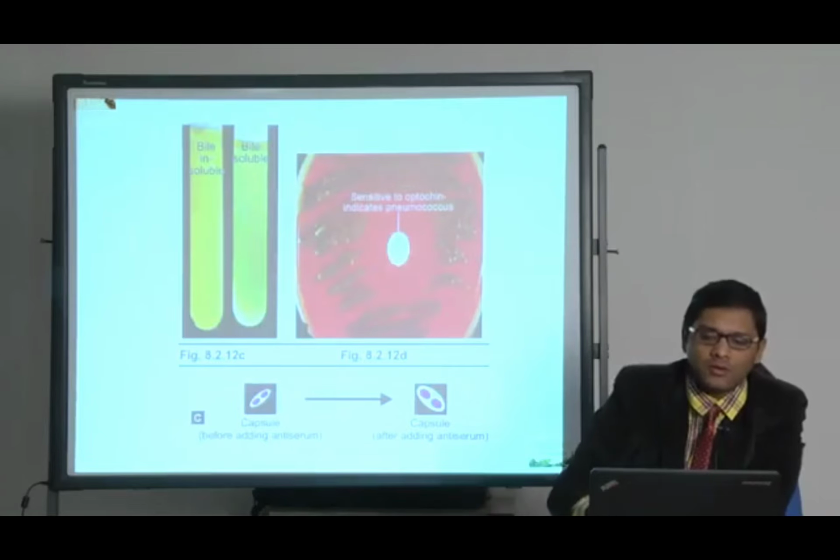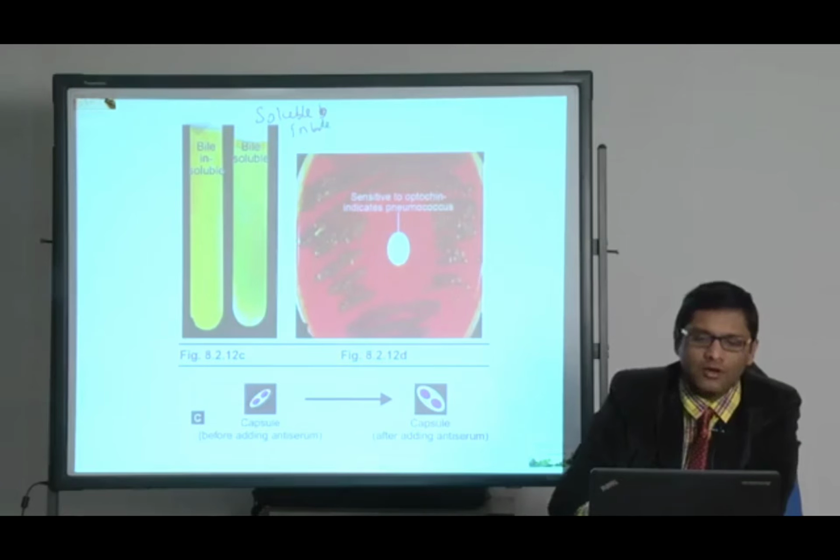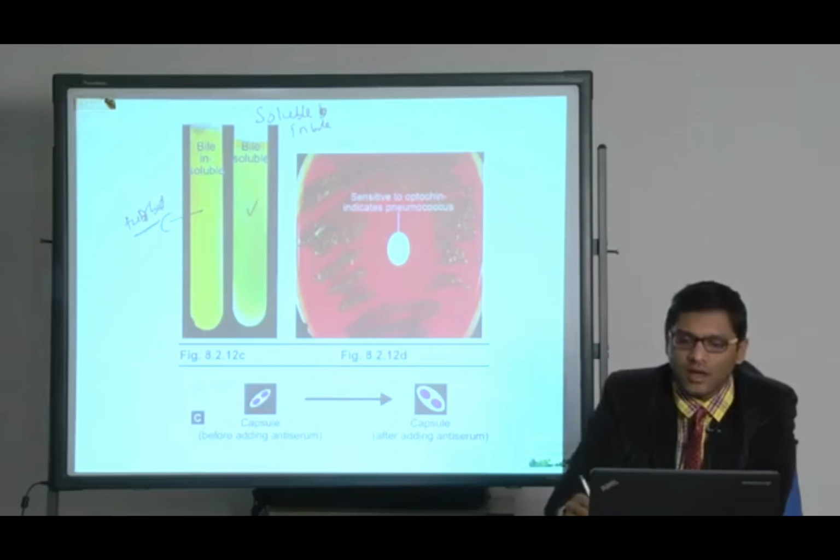Of course, pneumococcus will be soluble in bile, that is, bile will become clear when you inoculate with pneumococcus, in contrast to viridans where the bile will be turbid, that is insoluble. When you keep an optochin disc at the center, you will have a big zone of sensitivity.